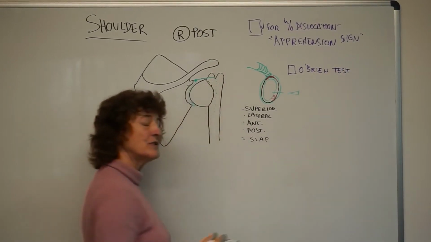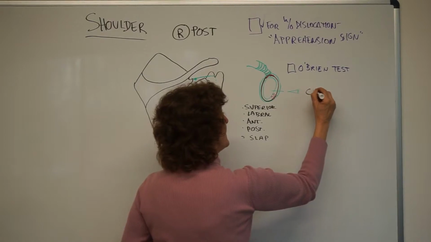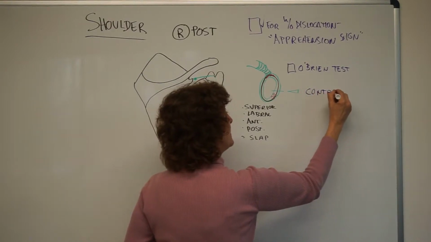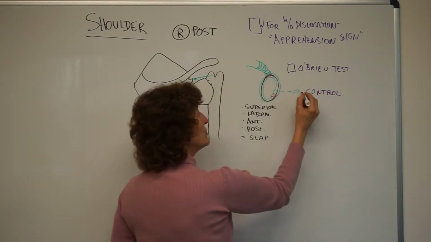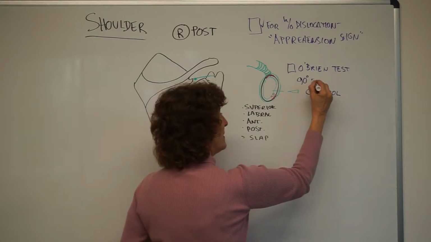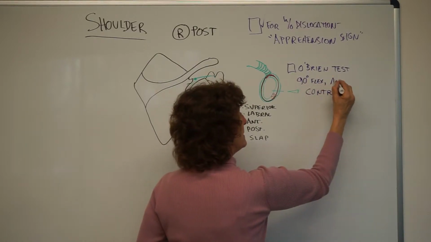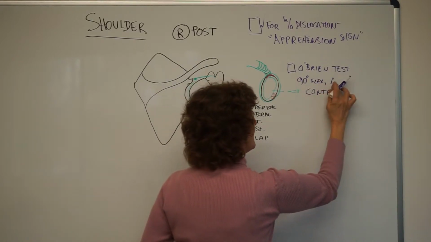And it has a control and the actual test. Both are done with the shoulder joint flexed 90 degrees and adducted 10 degrees.